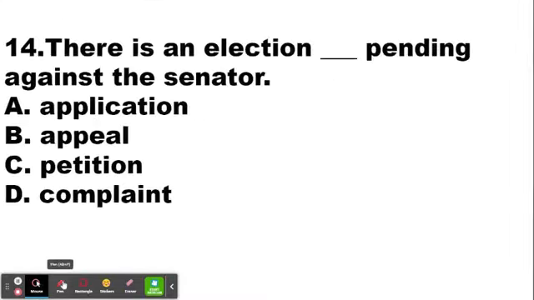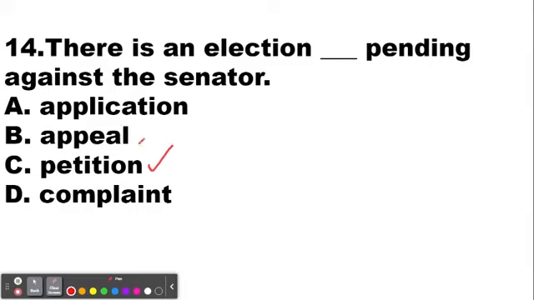Okay. Question number 14. There is an election dash pending against the senator. A. Application. B. Appeal. C. Petition. D. Complaint. The correct option is C. Petition.